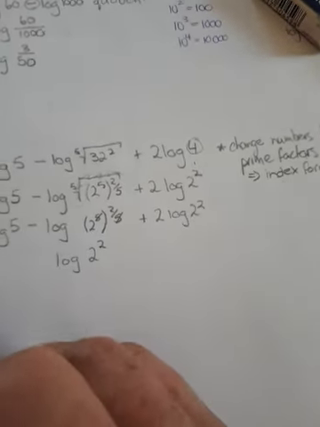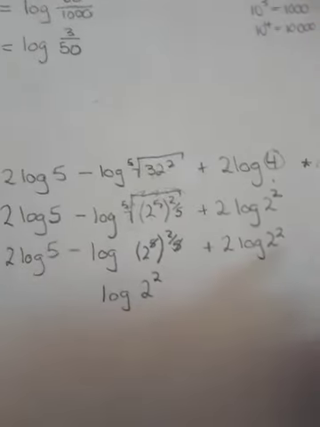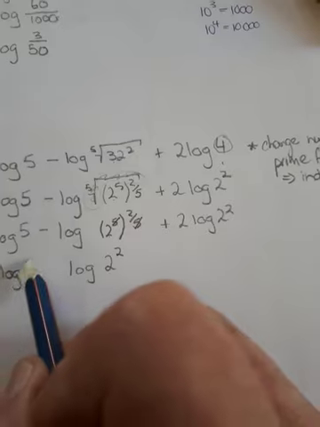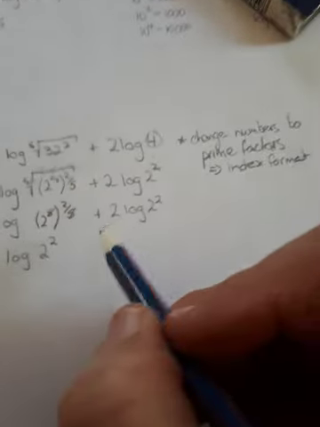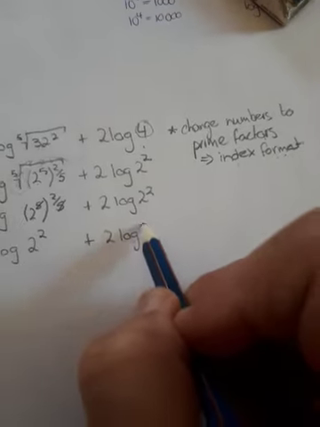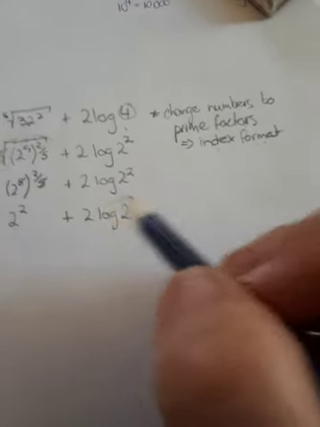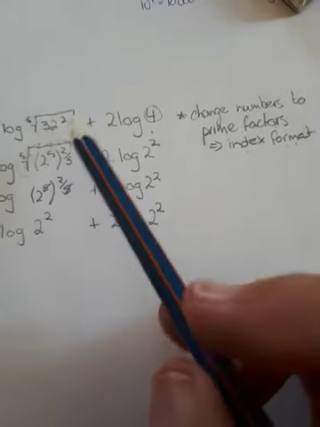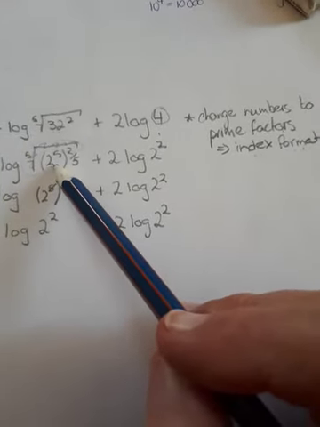Right, then we can now rewrite this. Okay, plus 2 log 2 squared. Now we have solved your basic numbers into their index format, right?